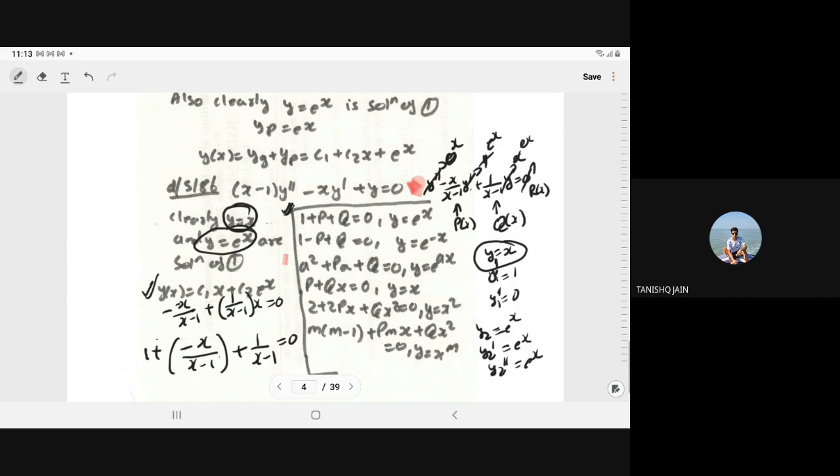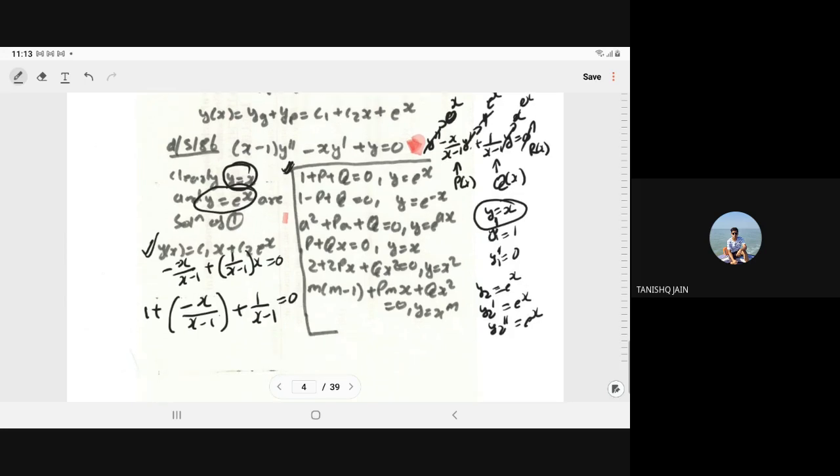Similarly, 2 plus 2px plus qx square is equal to 0, then y is equal to x square will be the solution. And if m into m minus 1 plus pmx plus qx square is equal to 0, then y is equal to x to power m will be the solution.